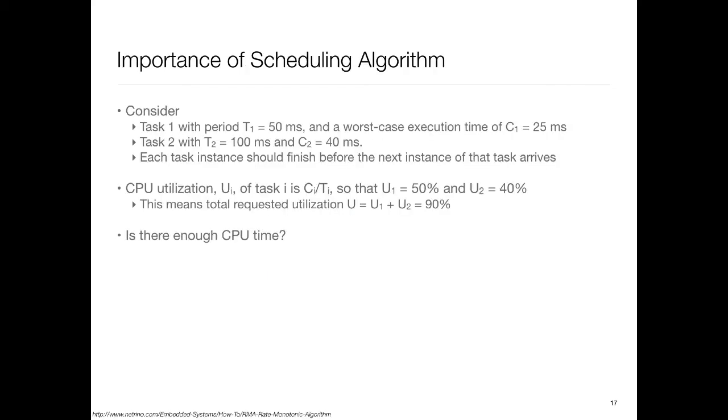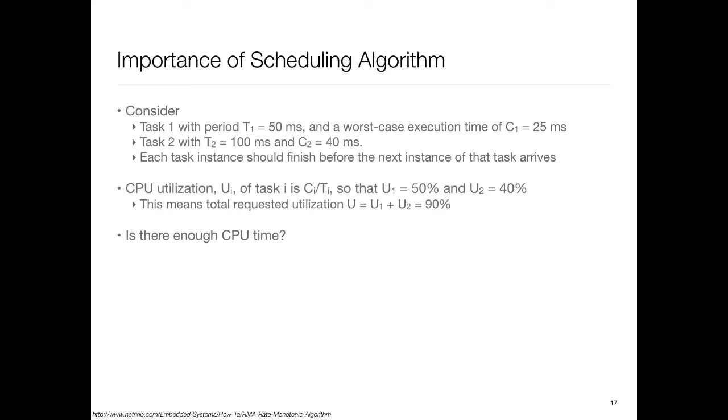So now let's talk about this priority notion a little bit. Just to motivate why priorities matter, let's take a very simple example. I have a task with a period of 50 milliseconds and a worst case execution time of 25 milliseconds. I have a second task with a period of 100 milliseconds and a worst case execution time of 40 milliseconds.